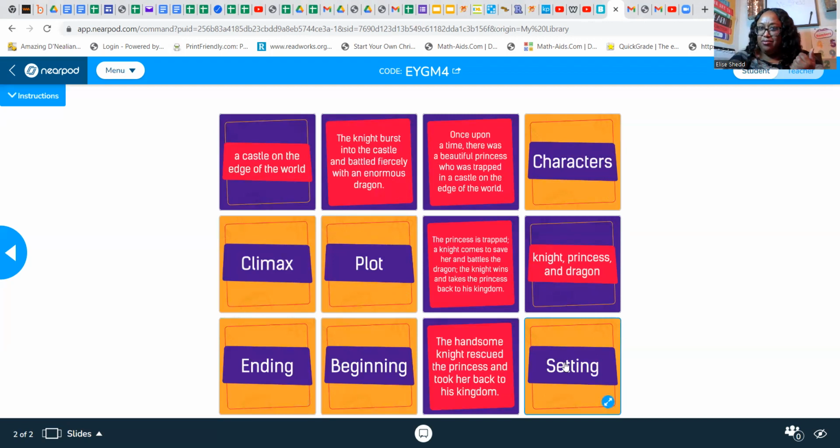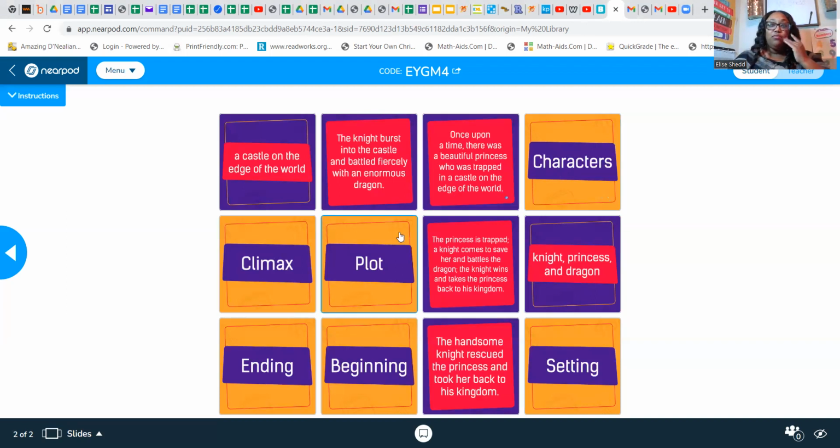Are they talking about a setting? Yes, it's in the castle, but there are some characters happening in the castle, right? There's a knight fighting a dragon. And then characters is talking about the knight and the enormous dragon, but is it just talking about characters? Or is it talking about what's happening in the story?